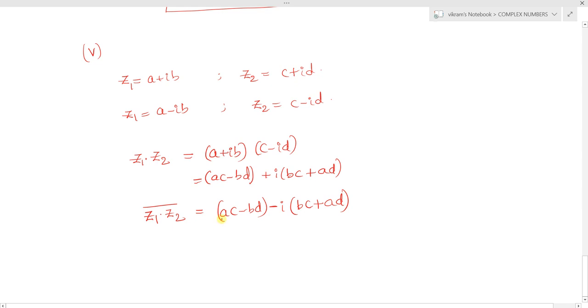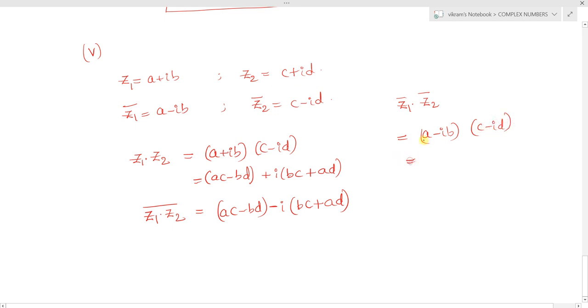Now what is z1 conjugate into z2 conjugate? What will we get here? a minus ib into c minus id.